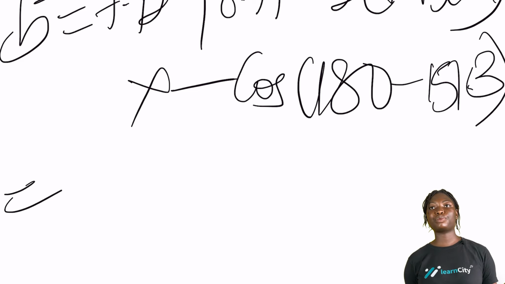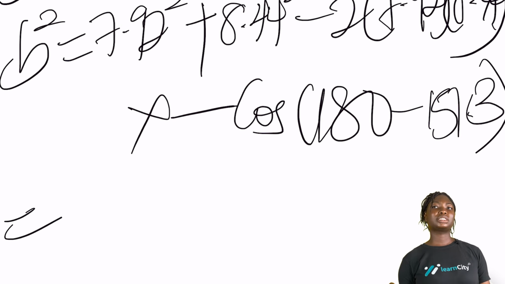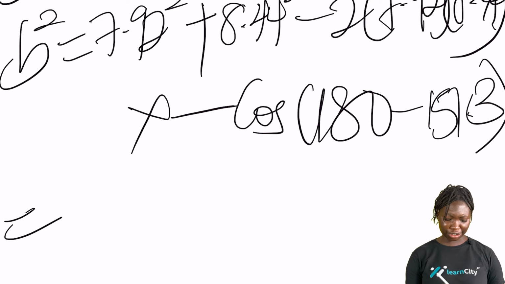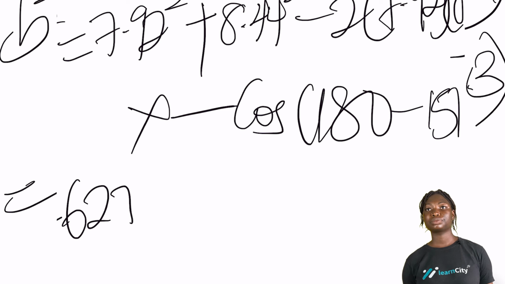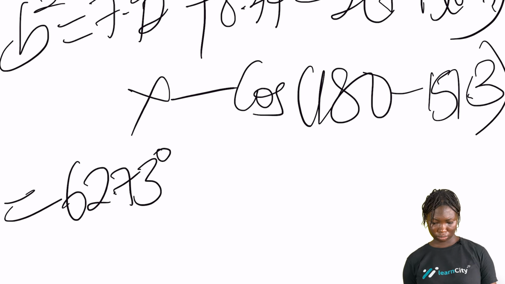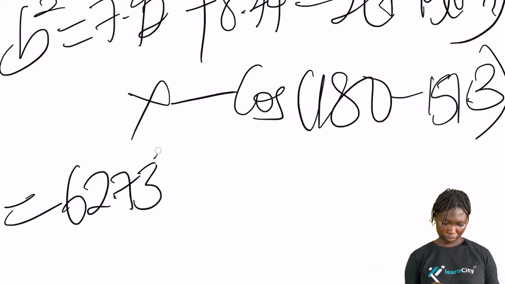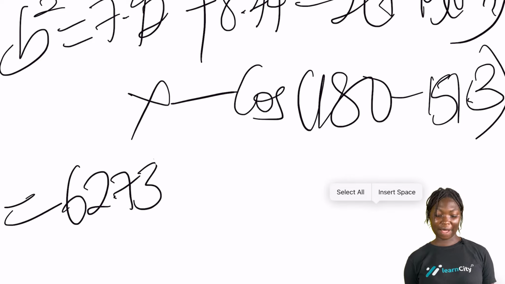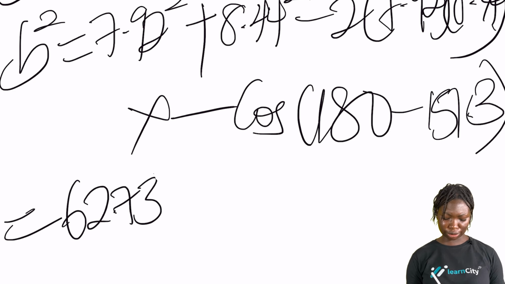So B squared will now be, adding this, 7.92 squared is 62.73. Then we have our 8.44 squared to be 71.23.